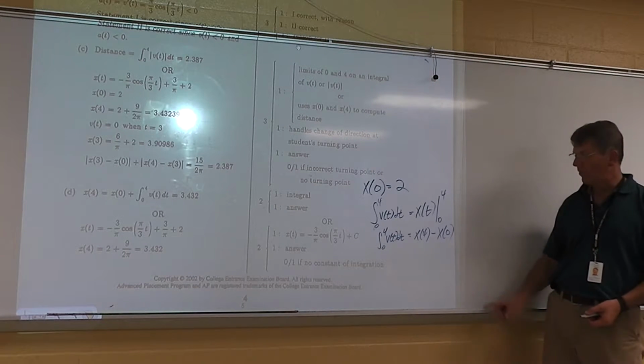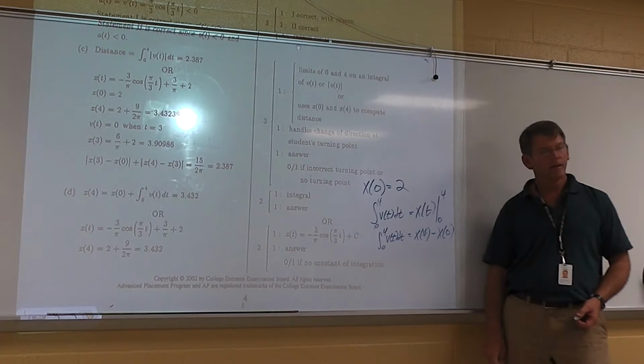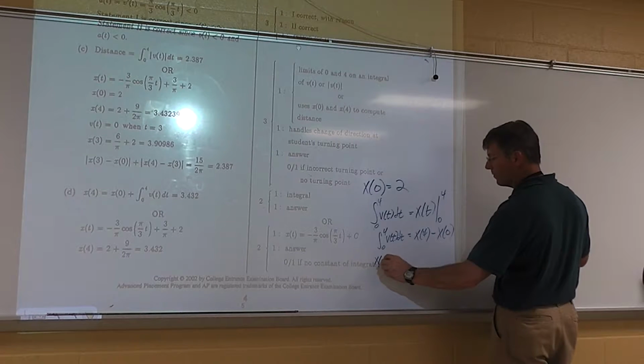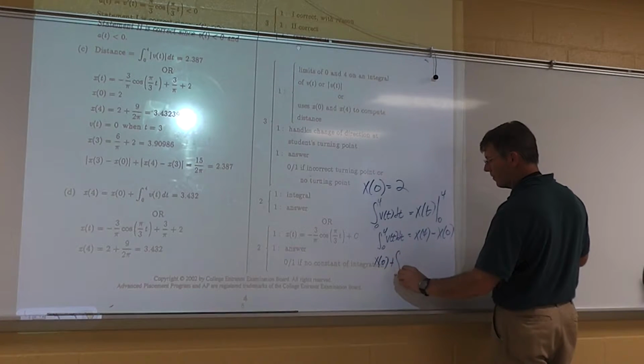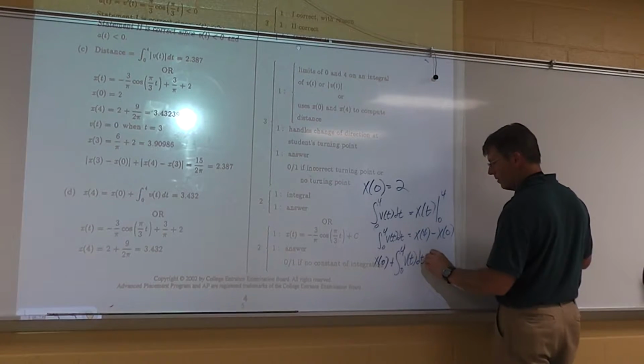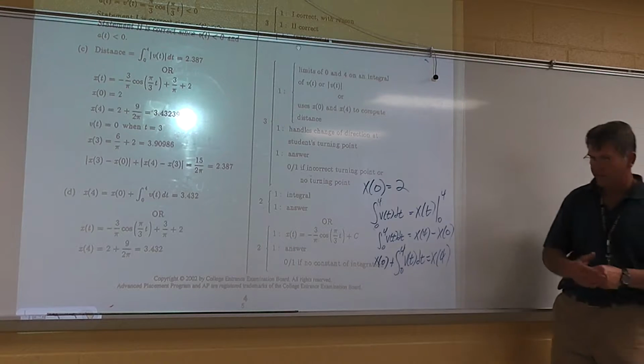X of 4 is what I want, so I can add the x of 0 that I know back over there. To reinforce another topic, when I do so, it is very nice to be able to think of this in the following way.